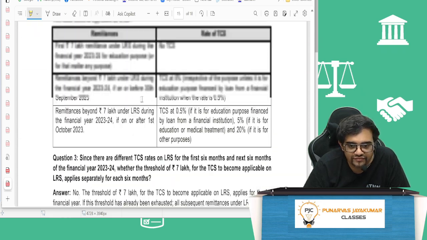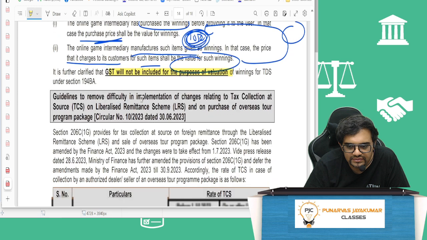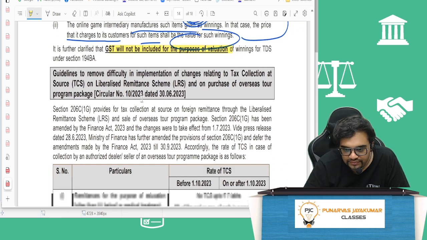Next, my dear friends, a very, very important point on TDS and TCS. TCS especially.